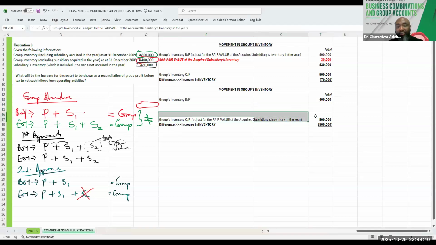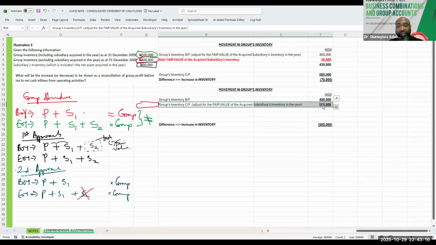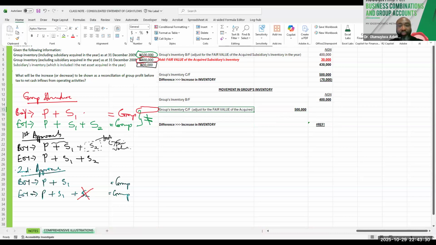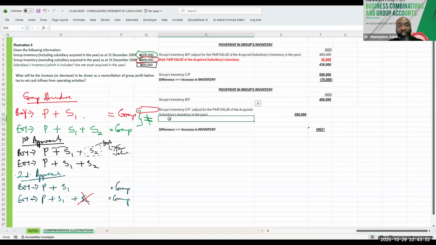And I'll come here to compare that with the adjustments I made earlier, which means instead of adding, I will delete.